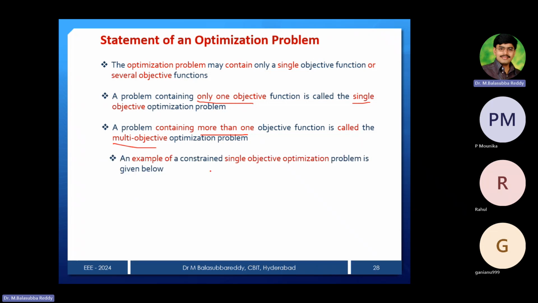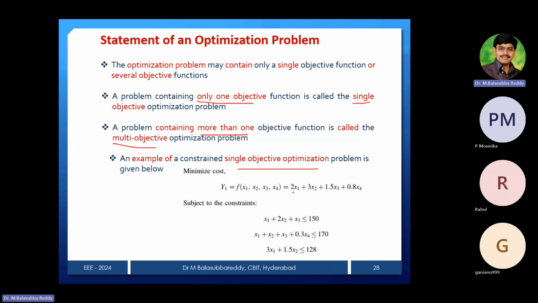An example of constrained single objective optimization is like this. What is single objective optimization? Here only one equation is there, our function y1 only. If you have y2, y3, and so on, all to be minimized at a time, we go for a multi-objective function.